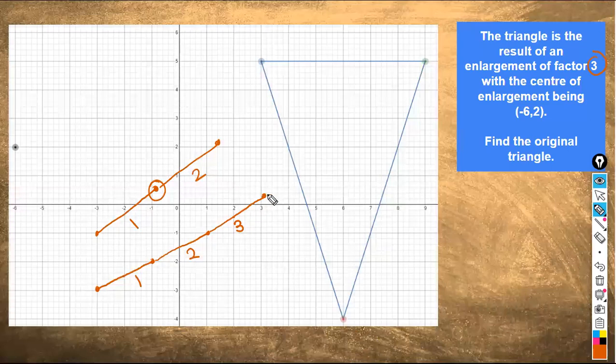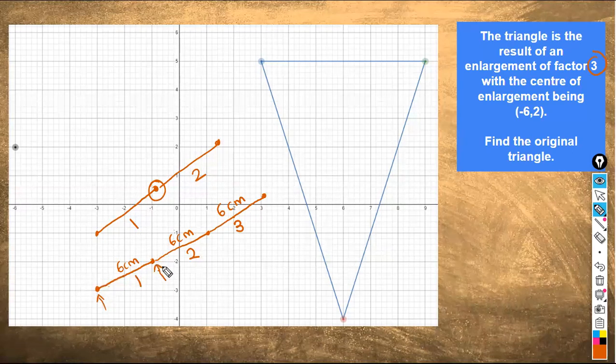When it's an enlargement of factor 3, you have to extend the line so that it's 3 times larger, but the first line counts as 1. So if this was 6 centimeters, and this has to be another 6 centimeters, and another 6 centimeters, everyone agrees that the original triangle is by the arrow, because you go from the center of enlargement to the first point on the triangle.